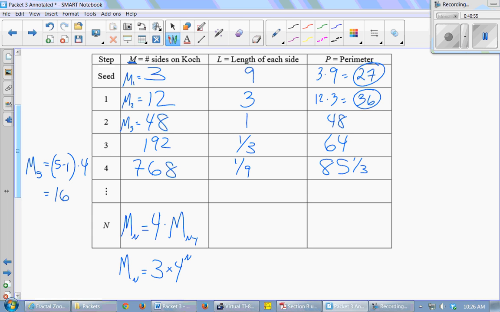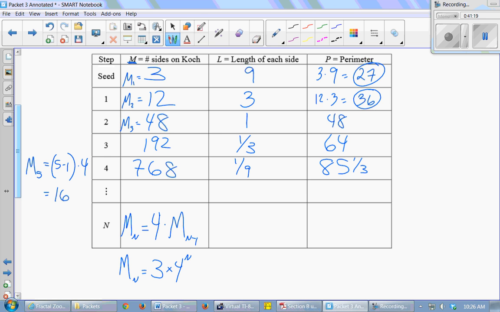Oh, yeah, the numbers are represented by M. The step, the iteration that we're on is the nth iteration, yeah. So the nth iteration minus 1 times 4. Yeah, and the way we notate that is M sub n minus 1. That's the iteration before the nth.